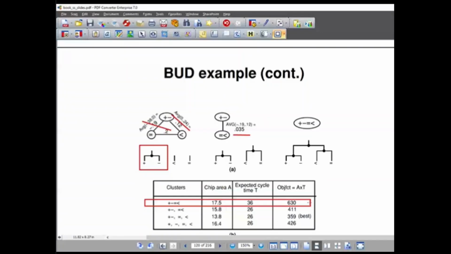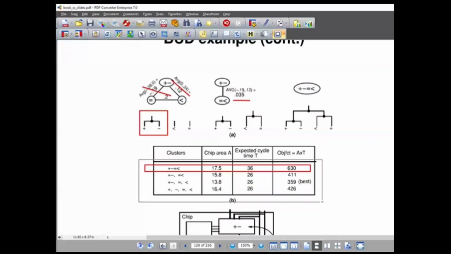If you make these different partitionings with different models, you can see that the area and the number of cycles get reduced if we make a combination of the addition and subtraction and separate the equal and comparator logic.